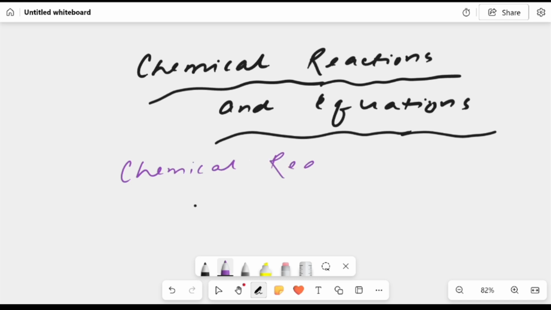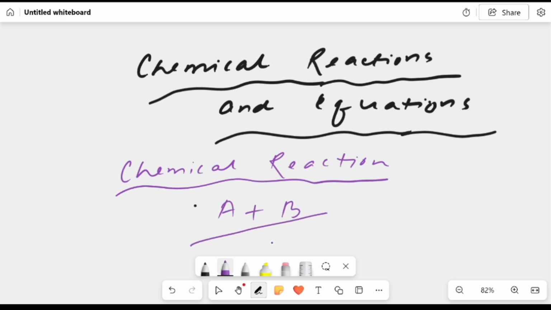How do we know that a chemical reaction has taken place? What happens in chemical reactions when two substances A and B, these are also known as reactants, form a product, suppose that it's AB?